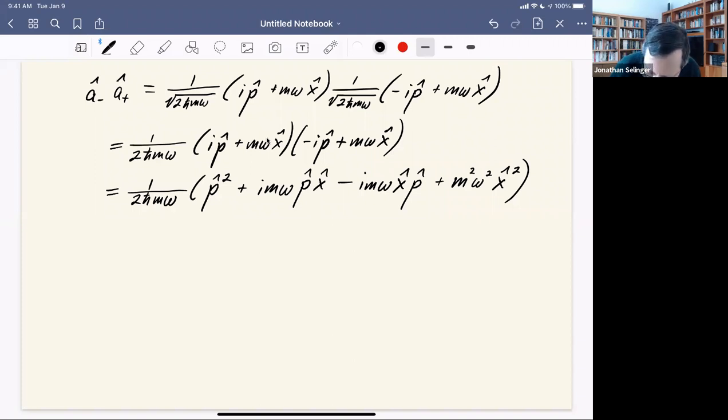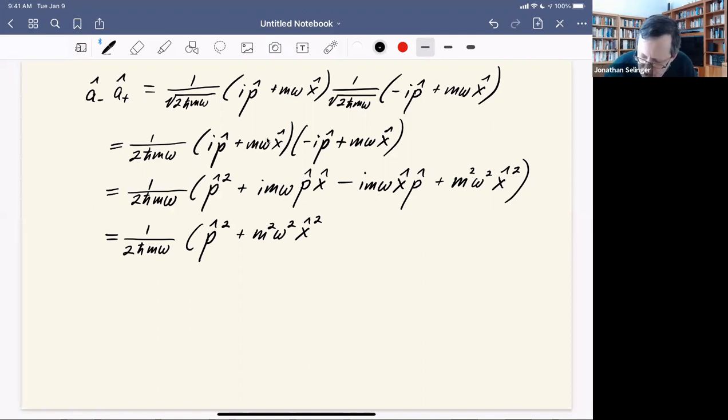So this is 1 over 2 h bar m omega, there's a p squared, I'll add in 1 over m squared omega squared x hat squared.